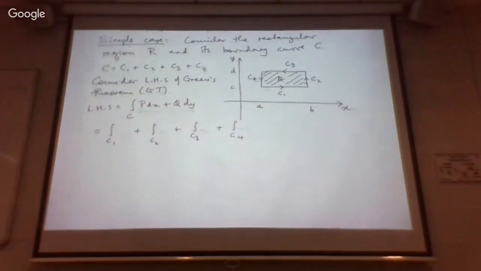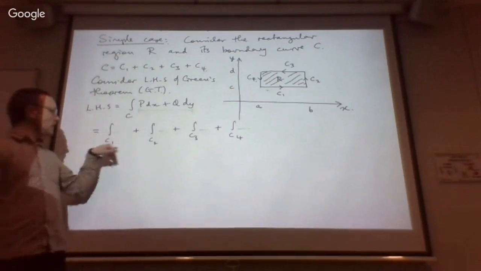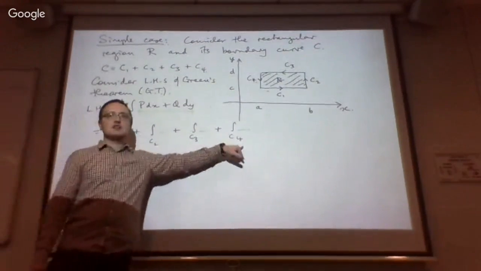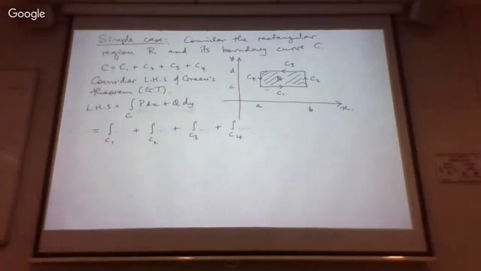I'll save ink and won't write it out millions of times. We're integrating p dx plus q dy along each of the boundary straight sides separately, and then adding the results together. That gives us the integral around C.